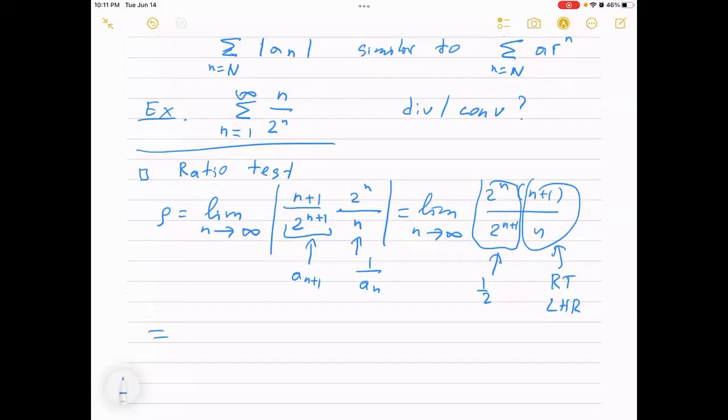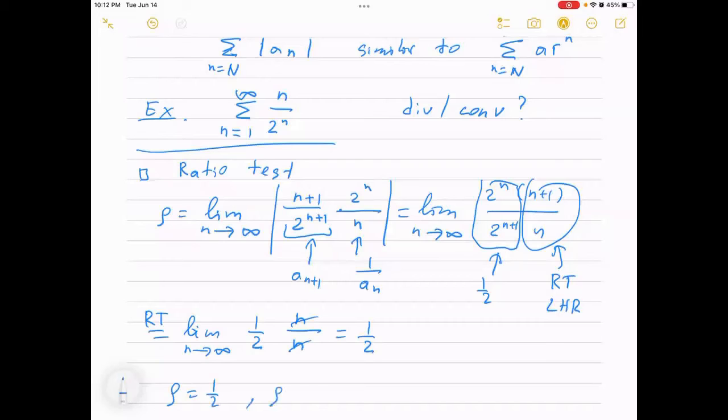If you do, for example, the rule of thumb, we're going to get the limit as n approaching infinity. As I mentioned already, 2 to the n over 2 to the n plus 1 using algebra is 1/2. Higher power dominates, rule of thumb, so n plus 1 is as good as n. Now simplify, we're going to get 1/2, so rho equals 1/2.